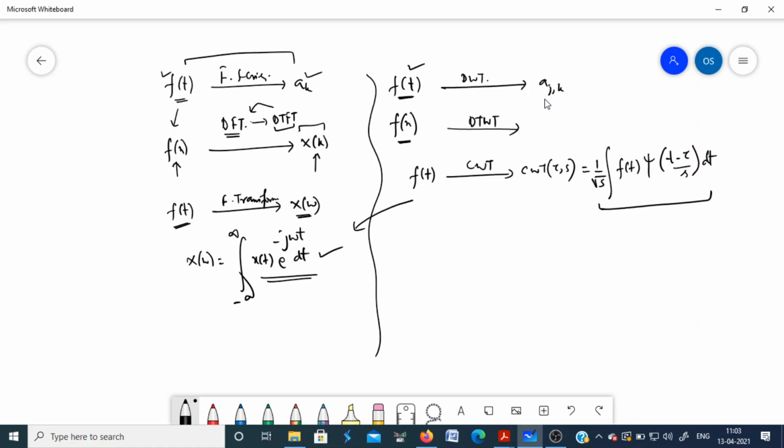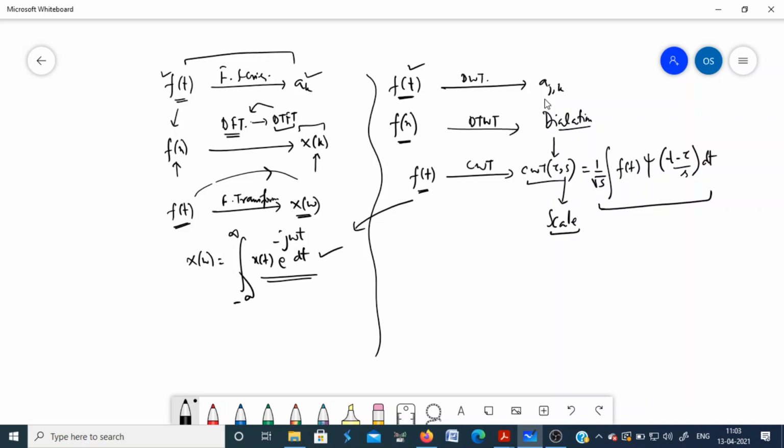The only difference in this case is that your f of t is converted to X of omega, so time is converted to frequency. In this case your function f of t, when you have the continuous wavelet transform, is converted to a function of two parameters, tau and s. So tau is your translation, or time shifting, and s is your scale.